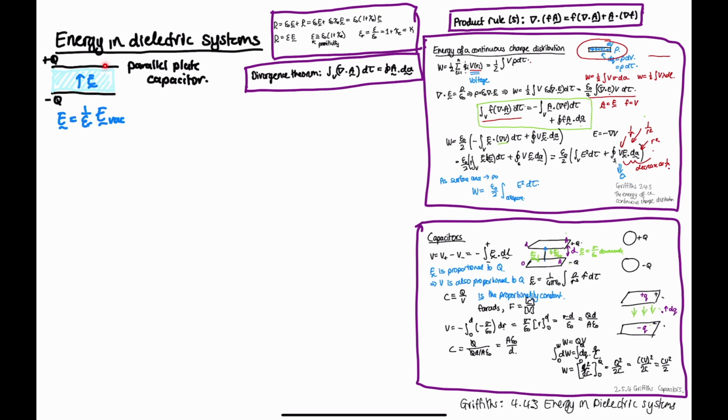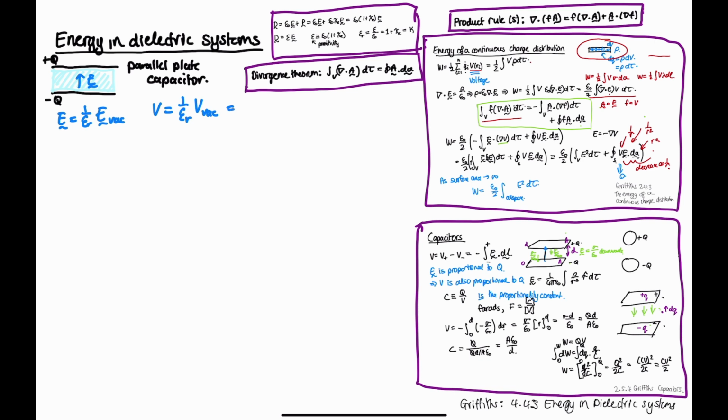In this case, we've got a reduced electric field, and so a voltage which is reduced by the same proportion. So the voltage difference between these plates with the dielectric in between them is equal to 1 over the relative permittivity times the voltage that would exist if we had a vacuum.